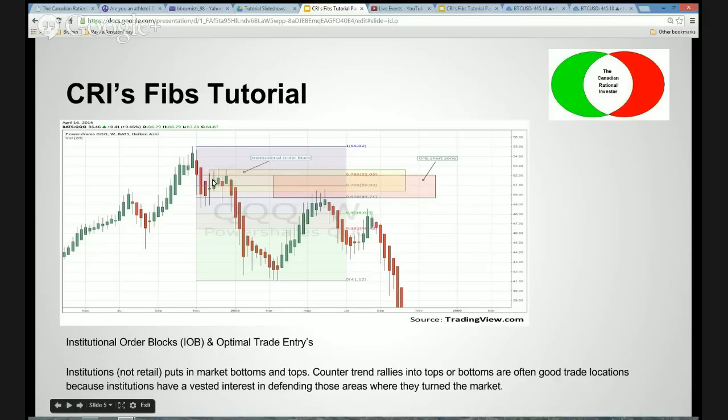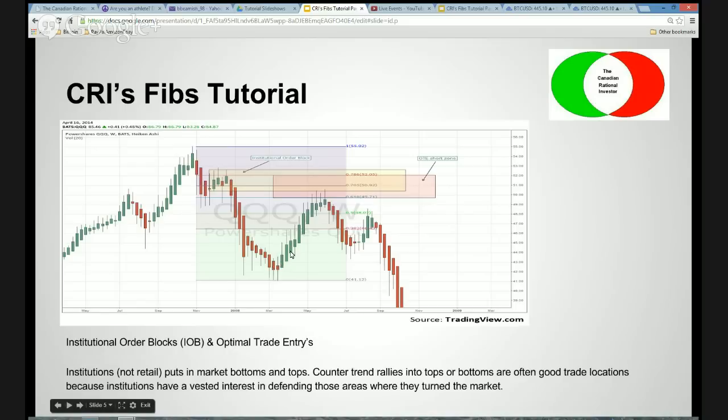And what a coincidence, this OTE zone just so happens to be within this institutional order block area where institutions stopped the previous rally. As you can see, and this is a weekly chart, this is 1, 2, 3, 4, 5, 6, 7, 8, 9, 10, 11 weeks, so that's almost 3 months.